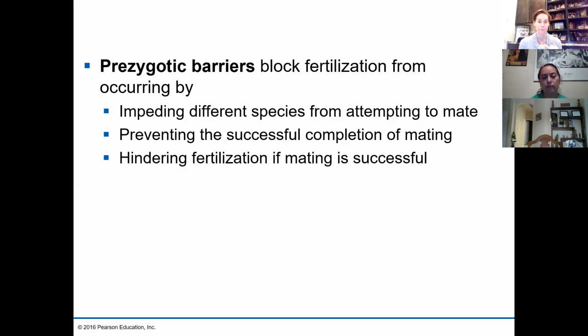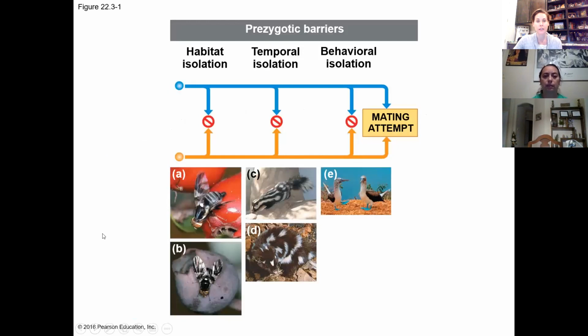Fertilization cannot happen. It keeps different species from mating, or hinders fertilization even if the mating process can happen. There are different things that can happen, like habitat isolation. They're not located anywhere close to one another to be able to mate.